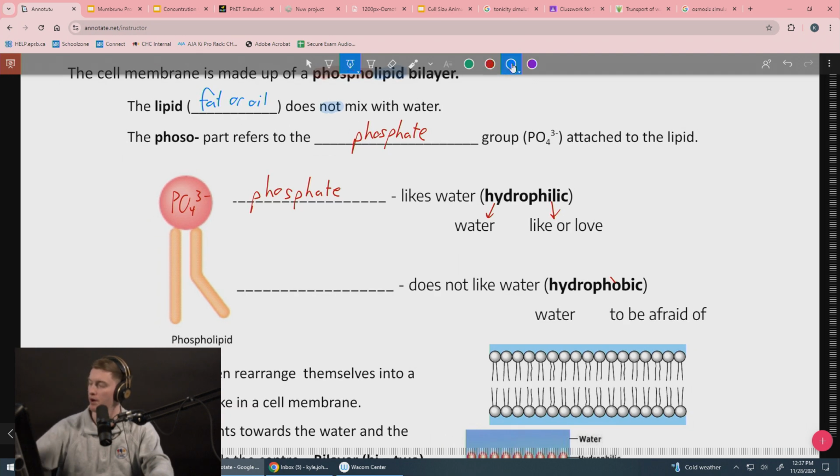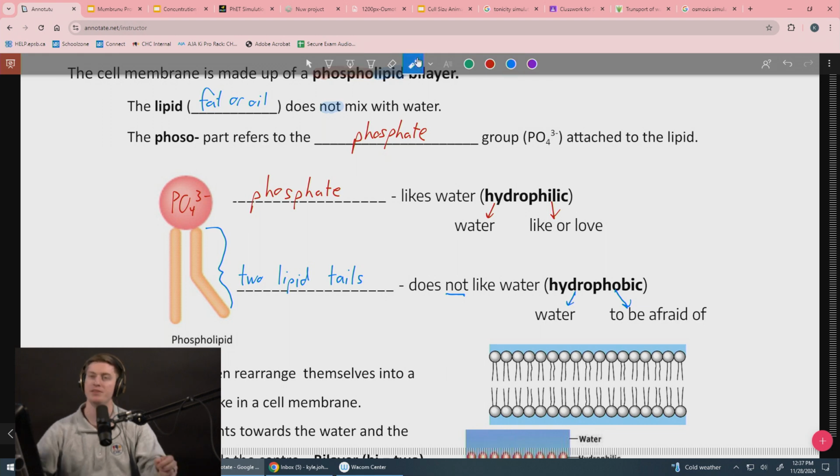This part on the bottom, which we have 2 of, these are our 2 lipid tails. The 2 lipid tails do not like water. We describe our lipid tails as hydrophobic, meaning they are afraid of water. They don't want to be part of or close to the water.